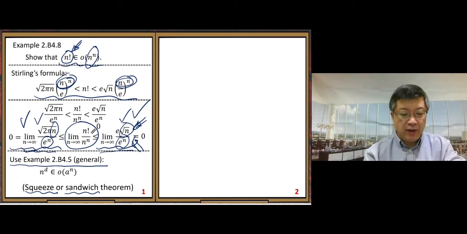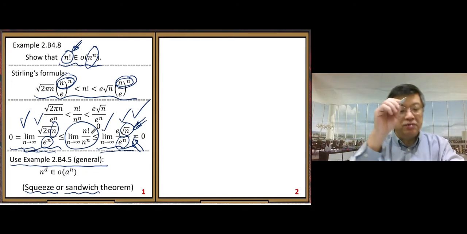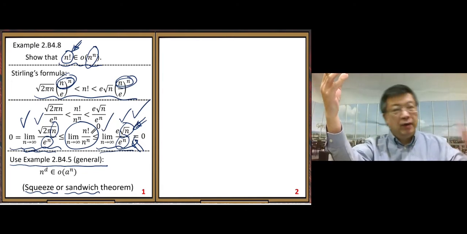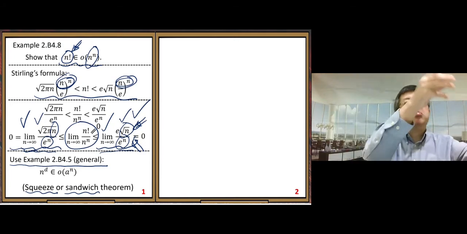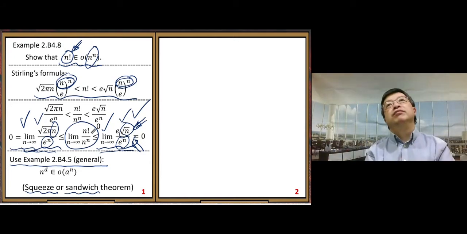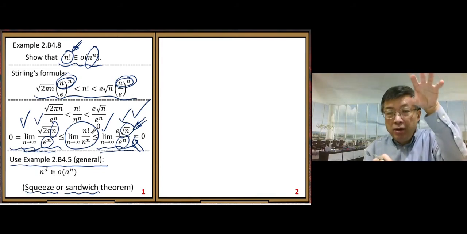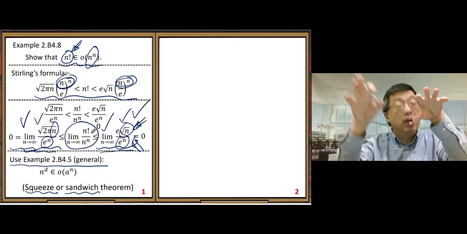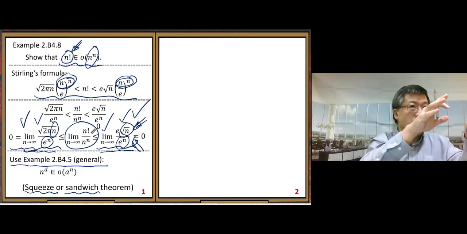That's the theorem. So we get the conclusion, the limit of the middle part is also 0. Upper bound limit 0, lower bound limit 0. In the middle must be 0. Because the limit of the middle part cannot be greater than the upper bound limit, and cannot be smaller than the lower bound limit.